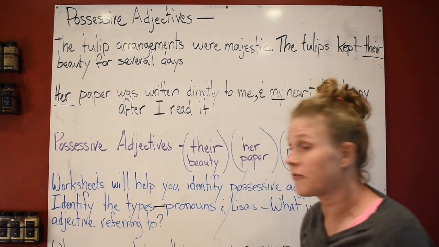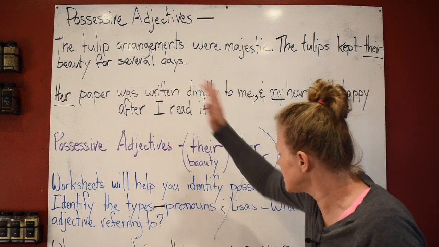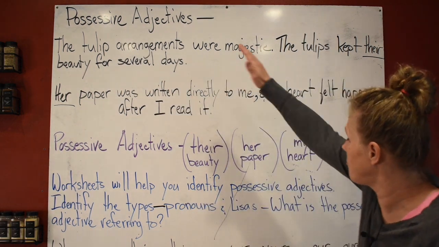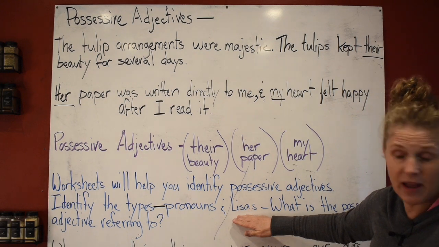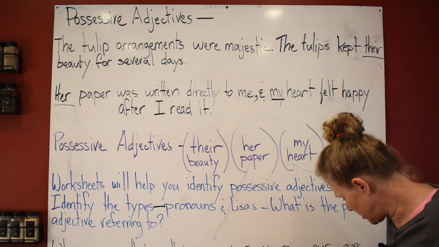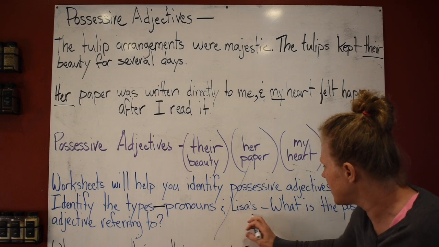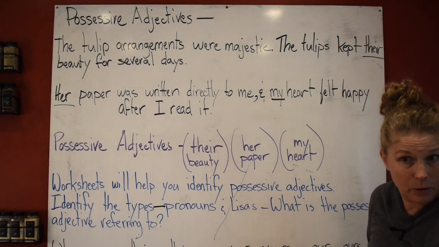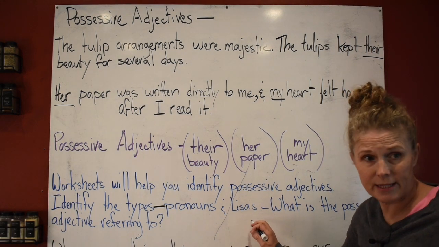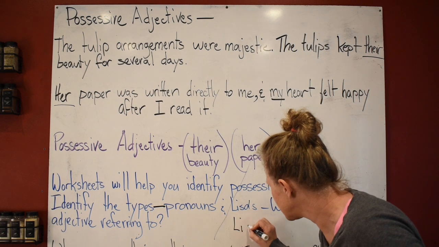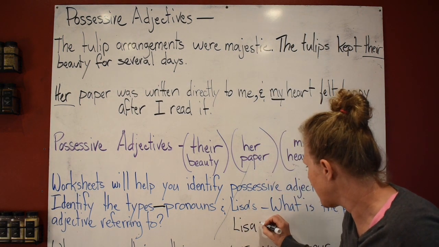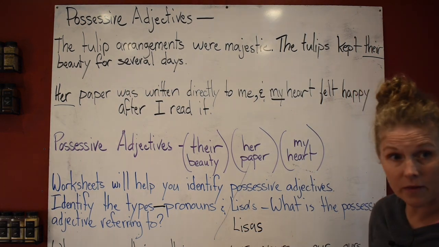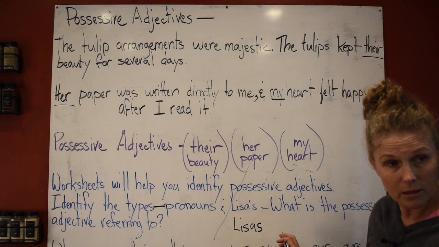Let's identify the different types. We have possessive adjectives that are pronouns, and we have possessive adjectives that are possessive adjectives. For instance, we're using the word Lisa. This right here is possessive. This right here means it's plural. This means more than one Lisa. If I say Lisas, and I have the S on there, what is this?